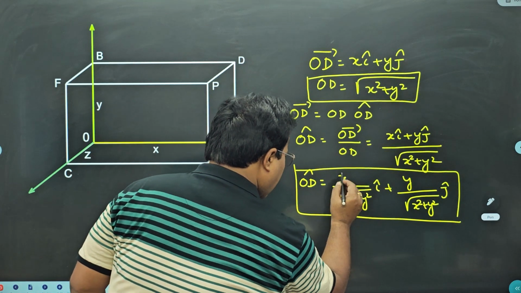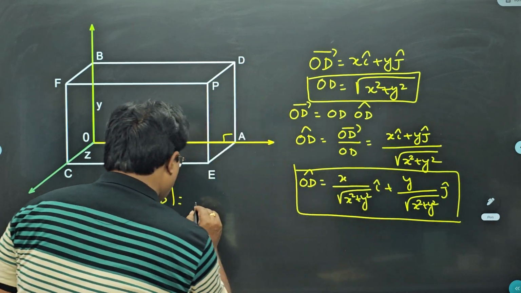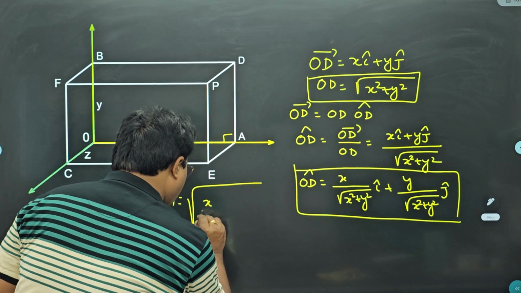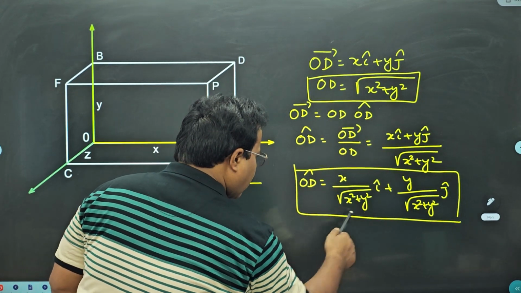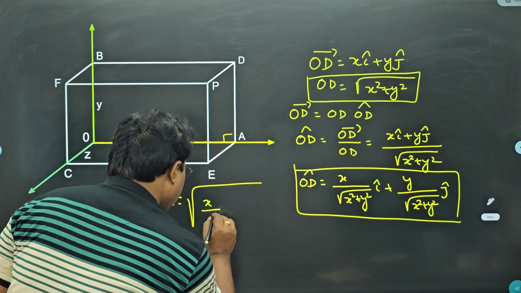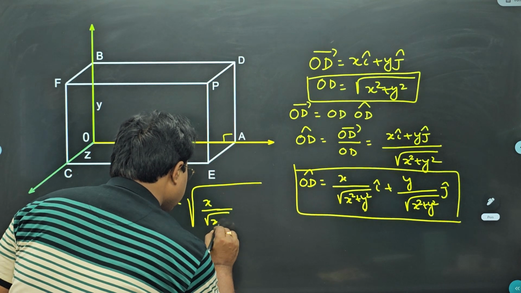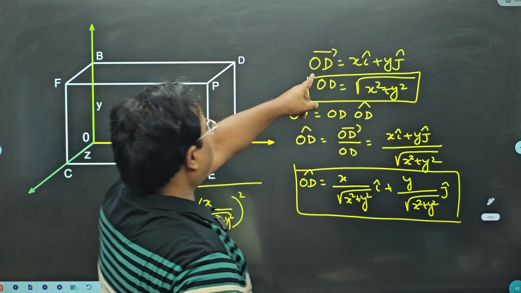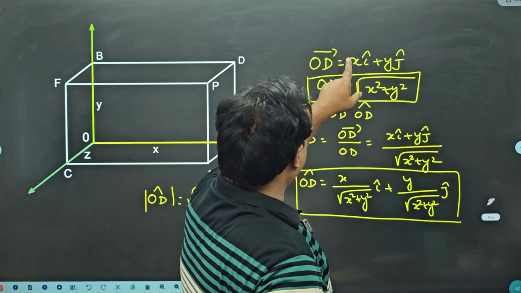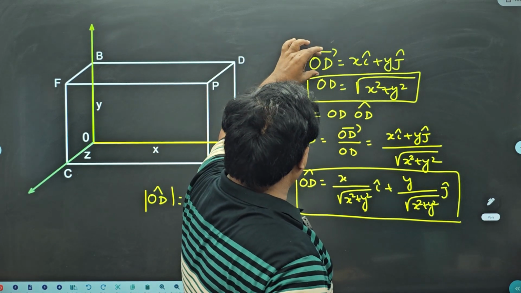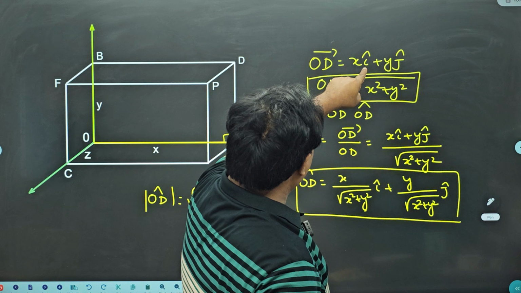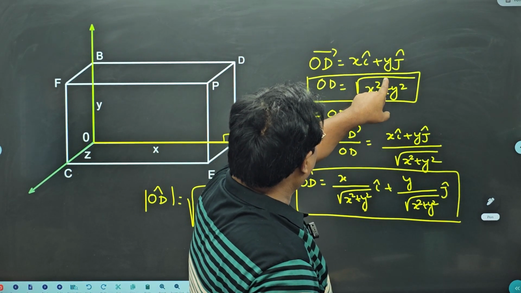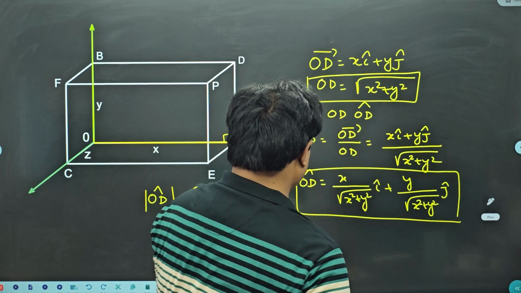The magnitude of this vector is the square root of the square of the component of i cap plus the square of the component of j cap. In the similar manner as you have learned here, if it is x i cap plus y j cap, the magnitude of OD is the square root of the square of the component of i plus the square of the component of j.